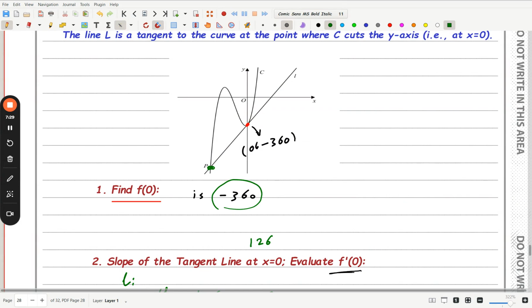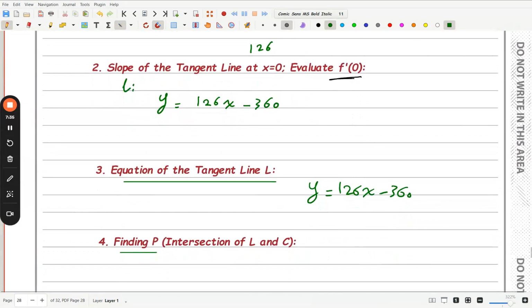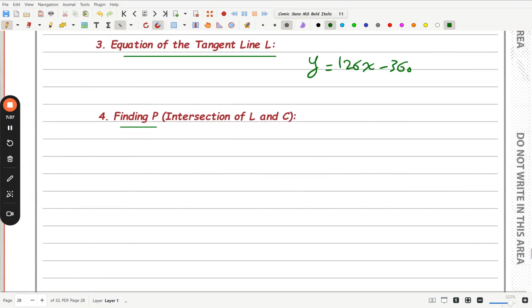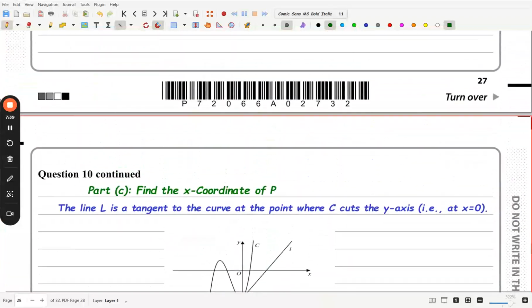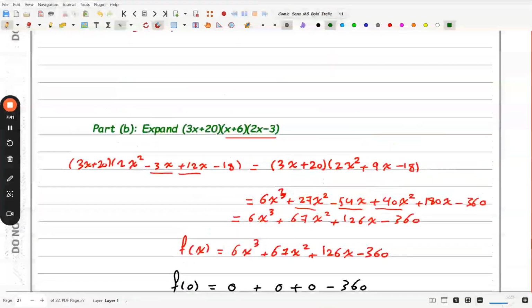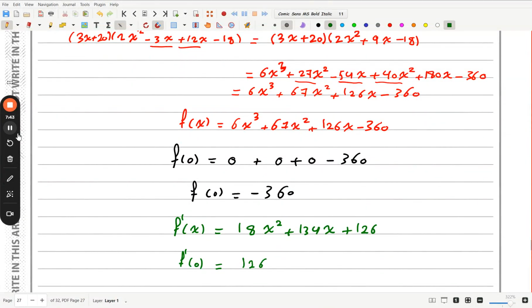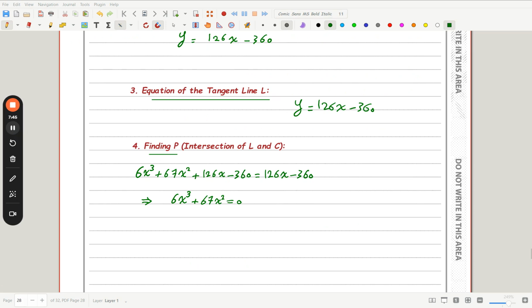Working it out means f of x equals the equation of the straight line L. Now finding P, the intersection of L and C, we have to make the curve C equal to the straight line.